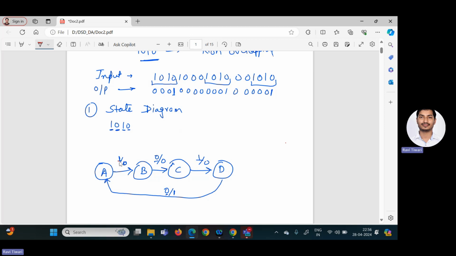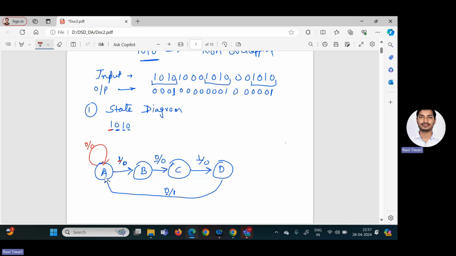We have already checked for 1 and I moved to B state. But if you are getting continuous zeros, that means I have not yet received a single bit correct, and I will remain in the same state, that is A. So 0/0.